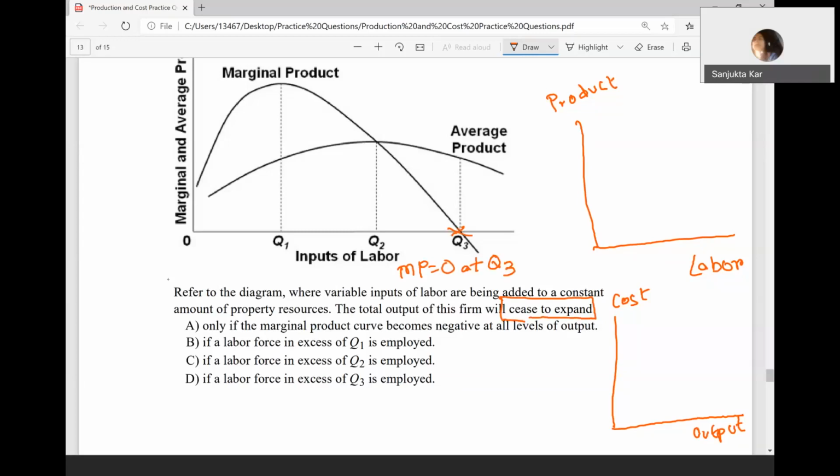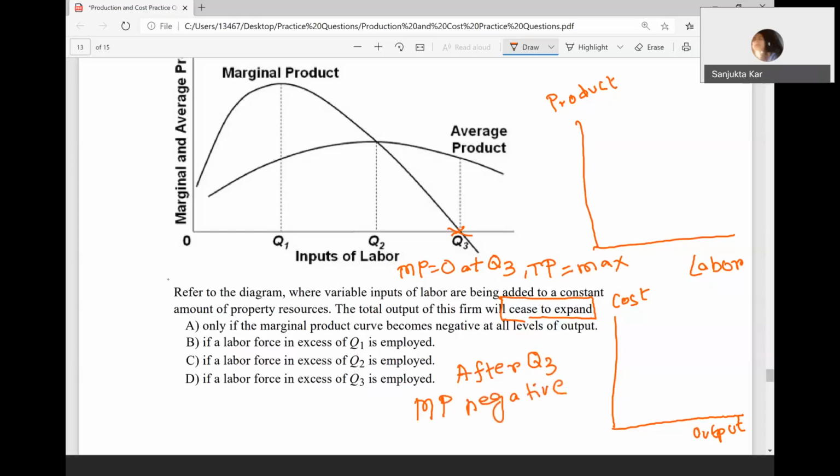And when marginal product is 0 here, total product is going to be at its maximum point. Then after Q3, marginal product becomes negative.